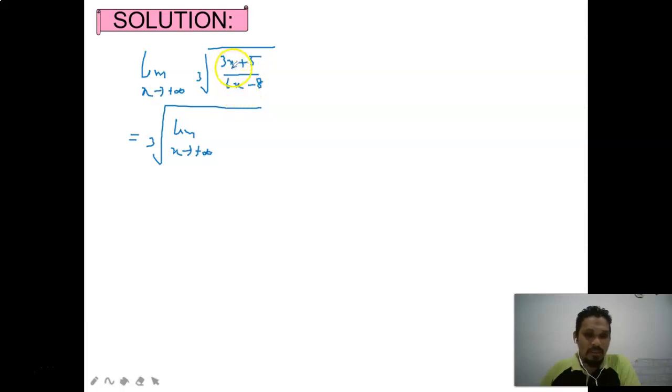So every single term that we have, we are going to divide by x. So then 3x divided by x plus 5 divided by x, divided by 6x divided by x minus 8 divided by x.